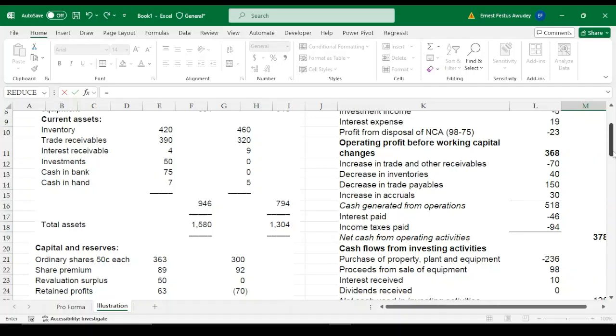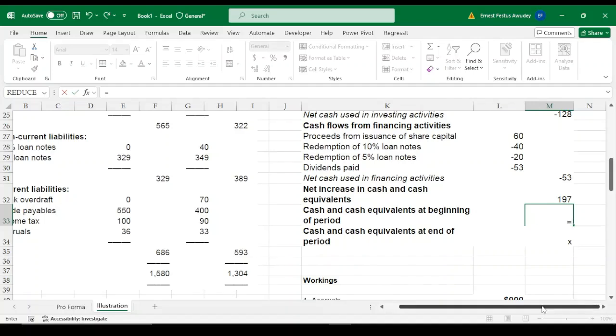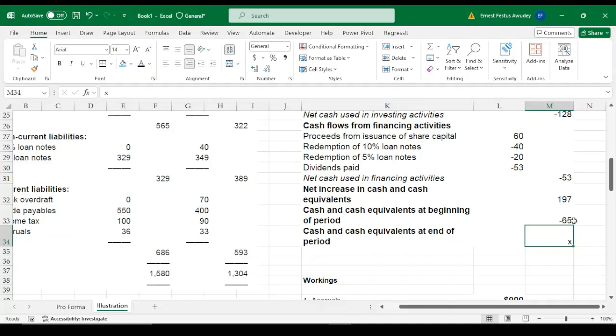But we also had a bank overdraft of 70. That means the net balance is the bank overdraft, which is a negative figure of 70, added to the 5,000 cash in hand, and that is going to give me negative 65,000 here, which is actually a bank overdraft. And then adding that to my net increase in cash and cash equivalents will give me the cash and cash equivalents at the end of the period, and that is 132.